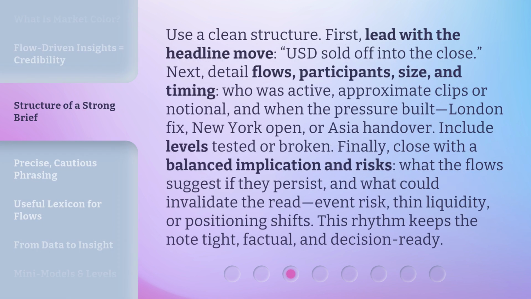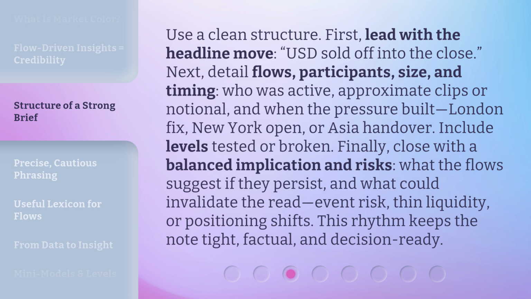Use a clean structure. First, lead with the headline move, USD sold off into the close. Next, detail flows, participants, size, and timing. Who was active, approximate clips or notional, and when the pressure built, London fix, New York open, or Asia handover.